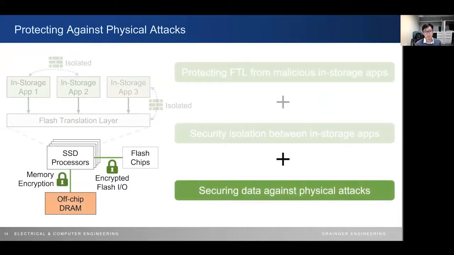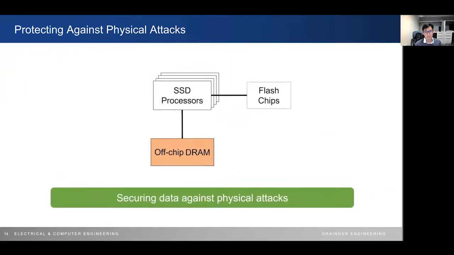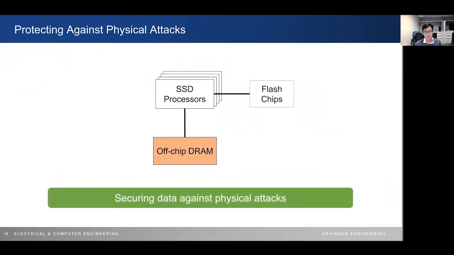So now we have protected applications and the FTL against all types of software attacks we defined in our threat model. But recall that we still have a malicious cloud platform operator who can conduct physical attacks to steal user data. And in particular, there are two off-chip data flows that can be hijacked by the attacker.